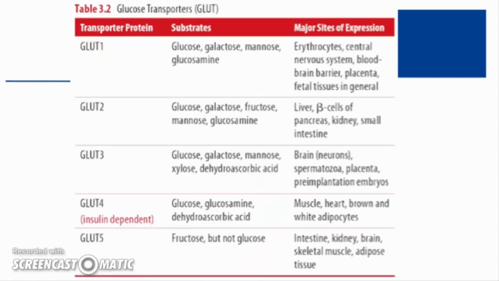If you need a review of the GLUT channels or transporters located on different tissues, on the various organs in our body, and the GLUT channels that are used for each monosaccharide, you can review table 3.2, which is in your text. I'm not going to take time to review the entire table at this time, but you can take this time to review and focus particularly on GLUT2, GLUT4, and GLUT5.